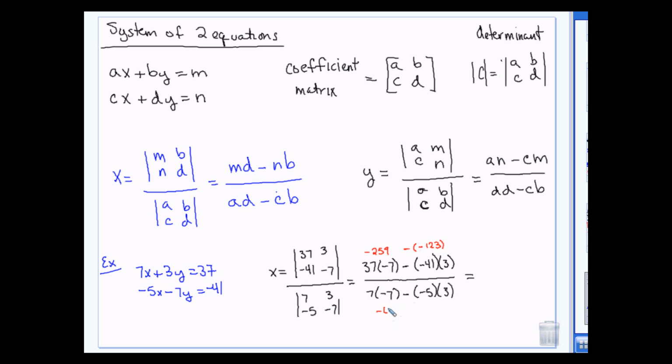And this will be negative 49 minus negative 15. So negative 259 plus 123 is negative 136. And then negative 49 plus 15 is negative 34. So x is 4.